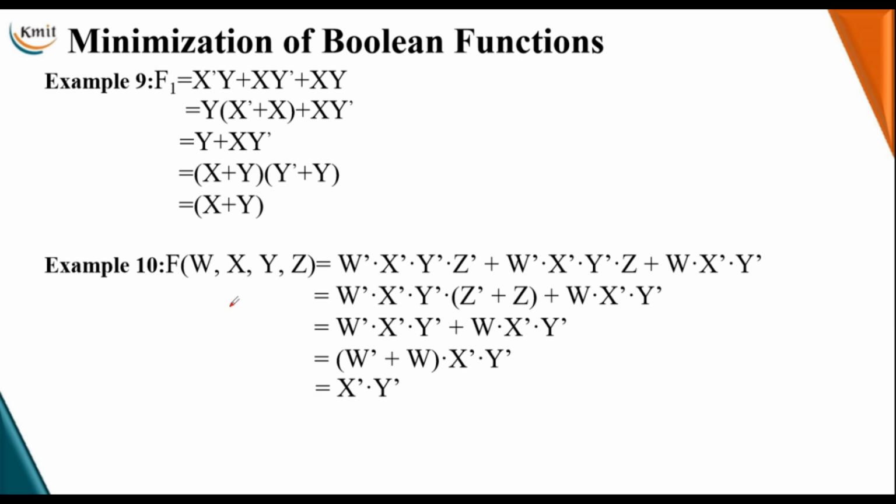Next, the last example we have taken is f of w x y z is equal to w bar x bar y bar z bar plus or of w bar x bar y bar z or of w x bar y bar. From the first and second terms, take w bar x bar y bar as common, z bar or of z is replaced with logical 1.